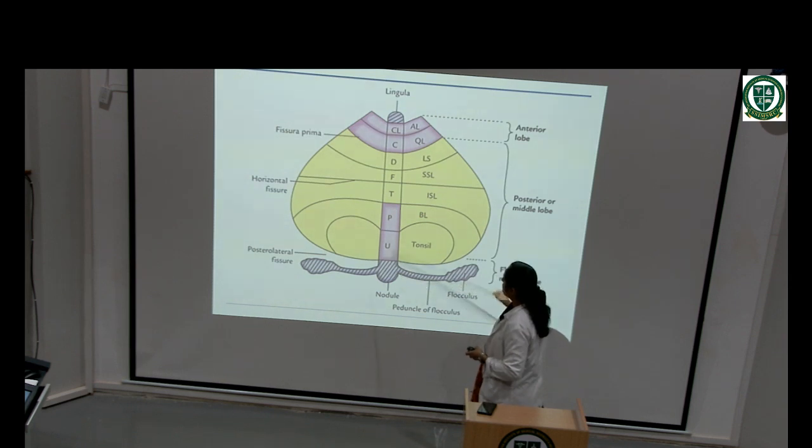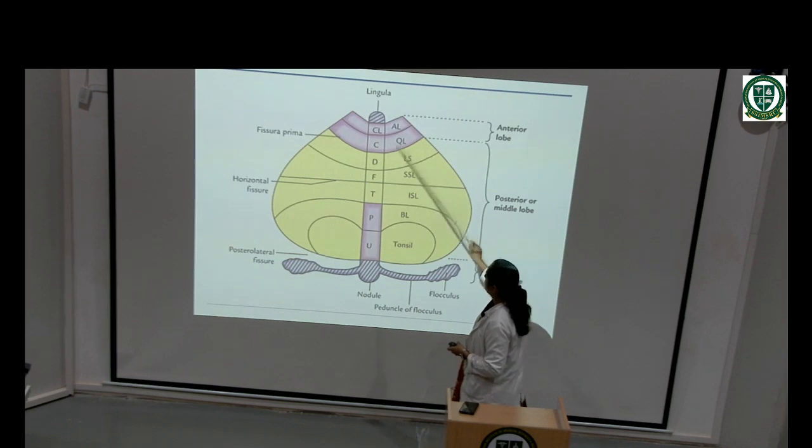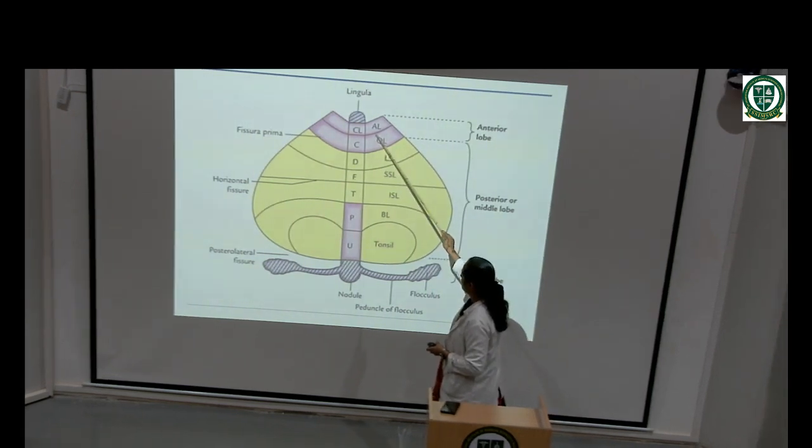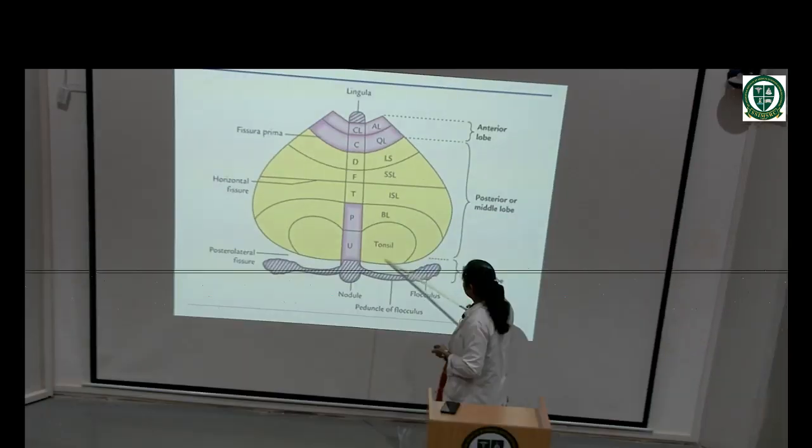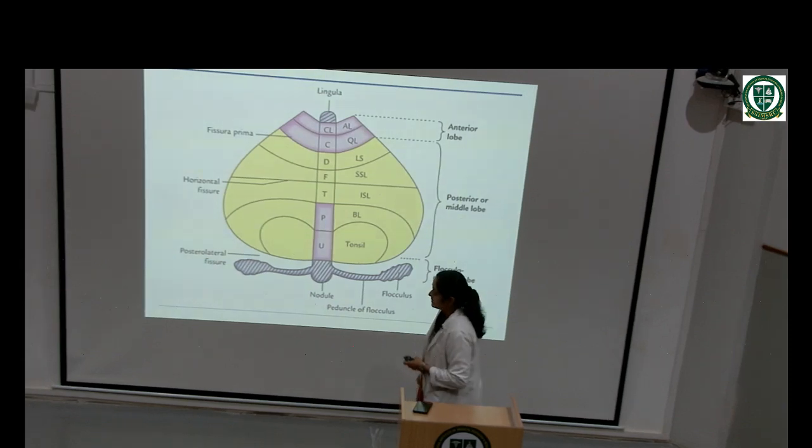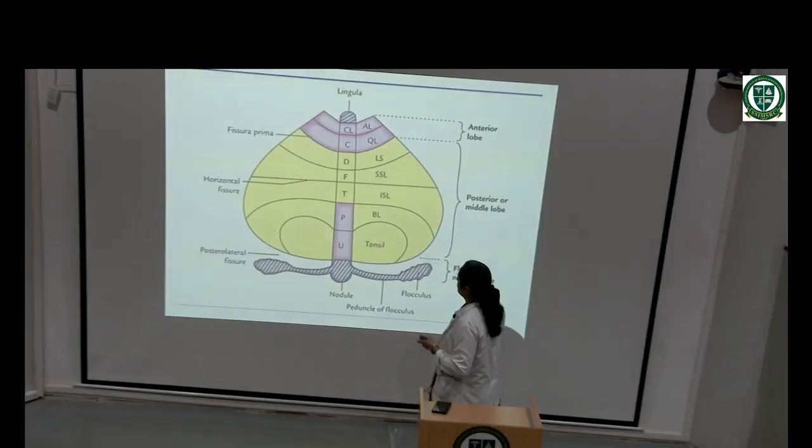The other fissure is the fissura prima, which divides only the superior surface into an anterior lobe, and the rest of the superior surface along with the inferior surface forms the posterior lobe. So, anatomically the cerebellum is divided into the anterior lobe, posterior lobe and flocculonodular lobe.